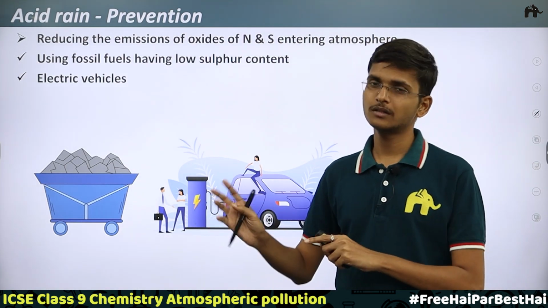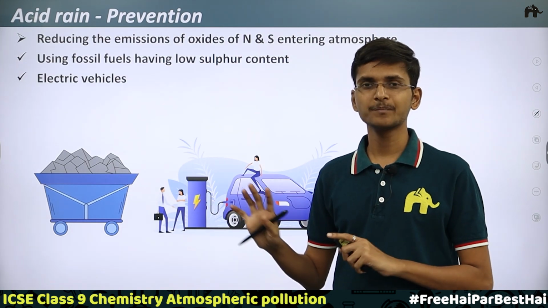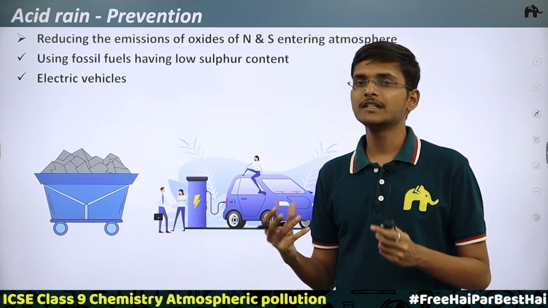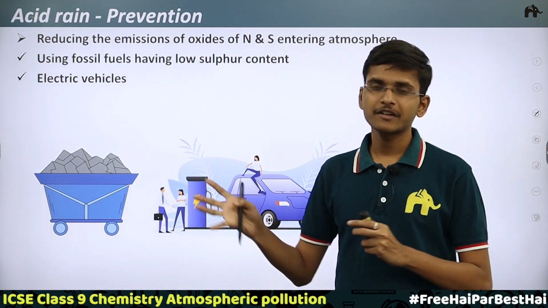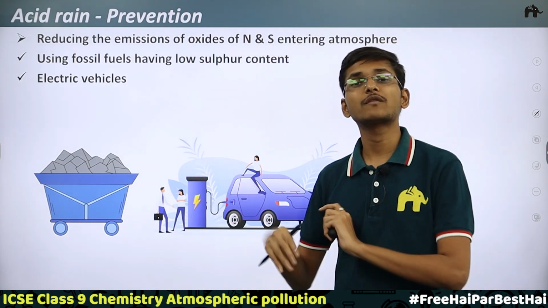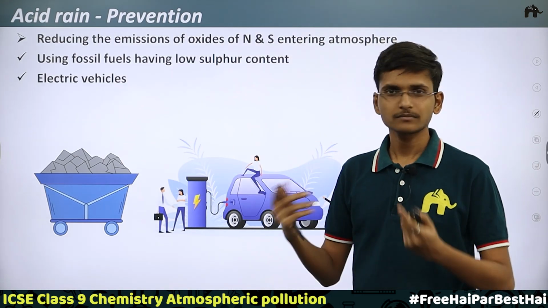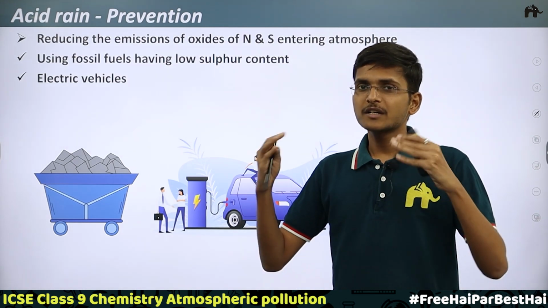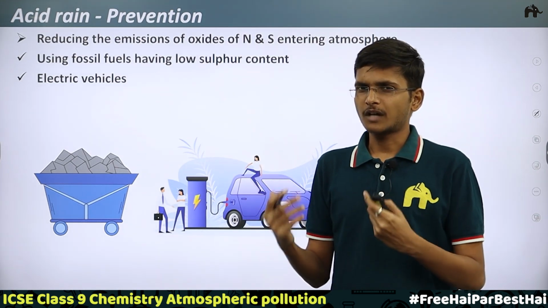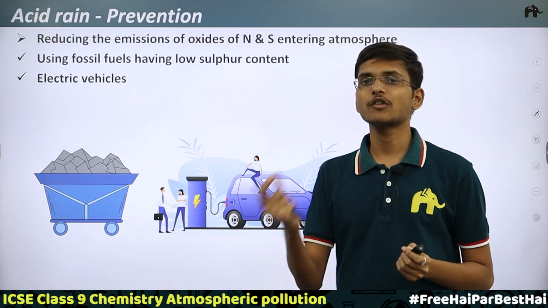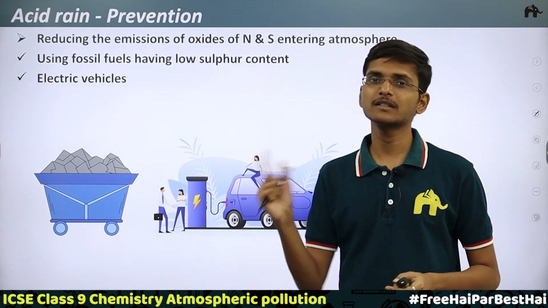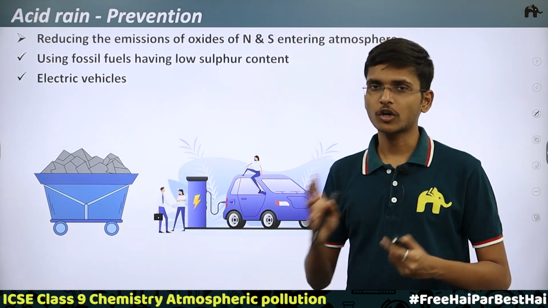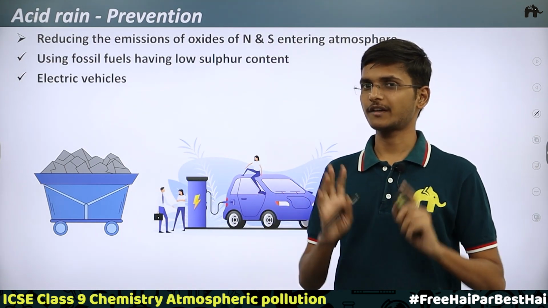If we stop burning fossil fuels in automobile engines and switch to a greener technology, electric vehicles, we could stop the emission of nitric oxide, because nitric oxide formation is just because of the higher temperatures developed by the combustion of fossil fuels in automobile engines. So by replacing automobile engines with electric vehicles or batteries, we can stop the emission of nitric oxide as well.